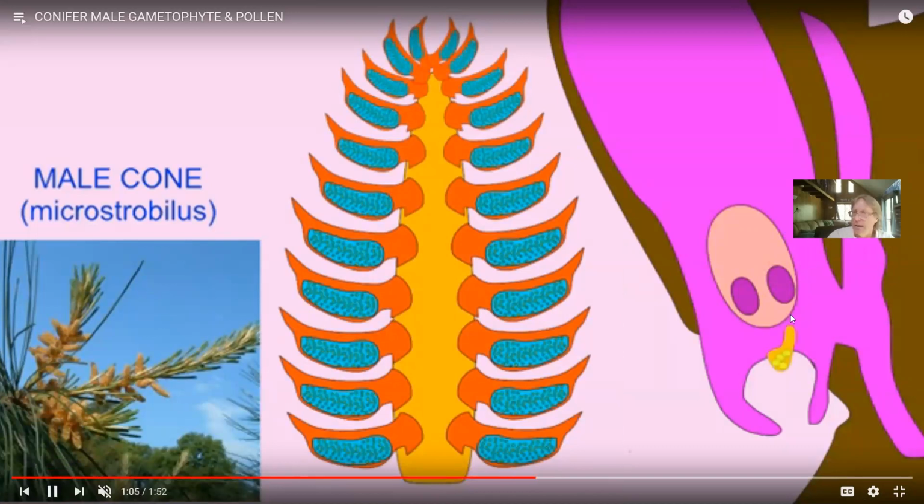But here, it is multicellular. It doesn't have many cells. But it is multicellular and is going to form a pollen tube, which will then grow into the female archegonium and then allow for the sperm nuclei to fertilize the ovum.